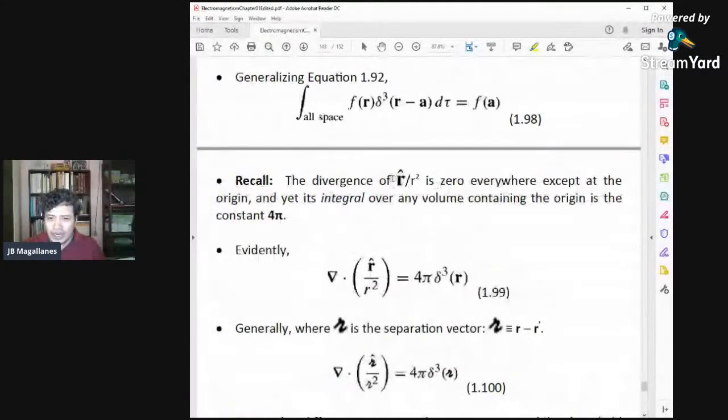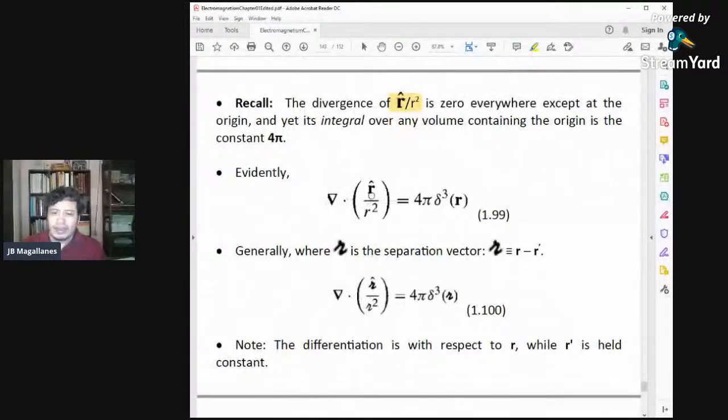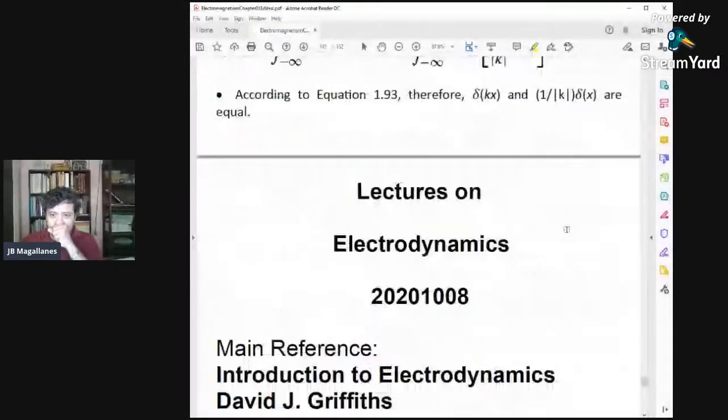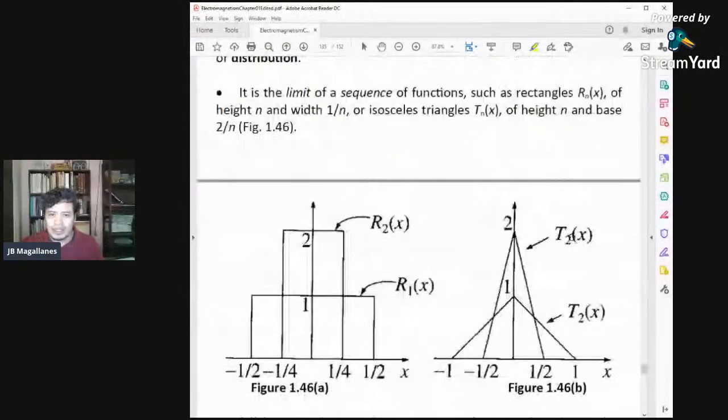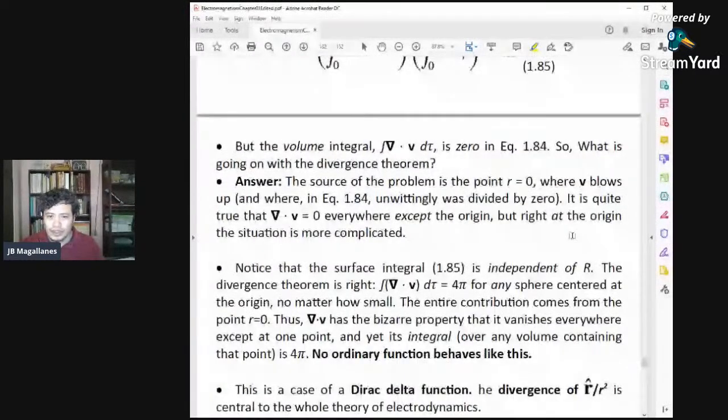We go back to this function, r hat over r squared. So what is this? This is like the displacement function. The divergence of this function is equal to 4 pi times the Dirac delta of r, because when we solved this before, if we go back here, we solved this here.